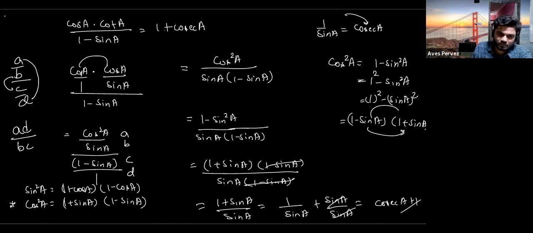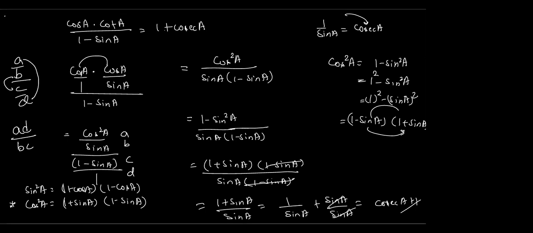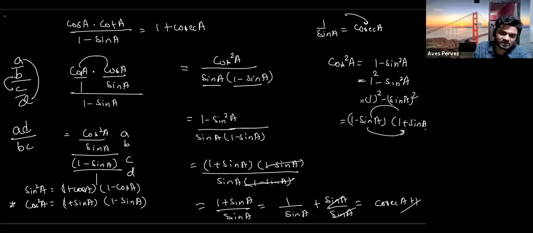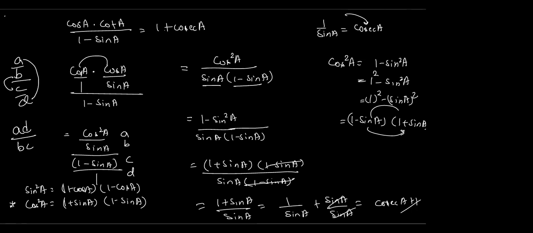And B into C would be sin a into 1 minus sin a, because these two are going to multiply. Got it? Yes, sir.